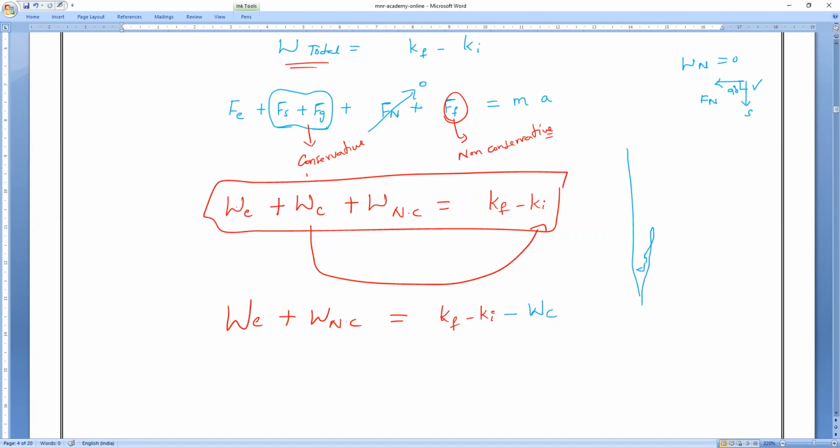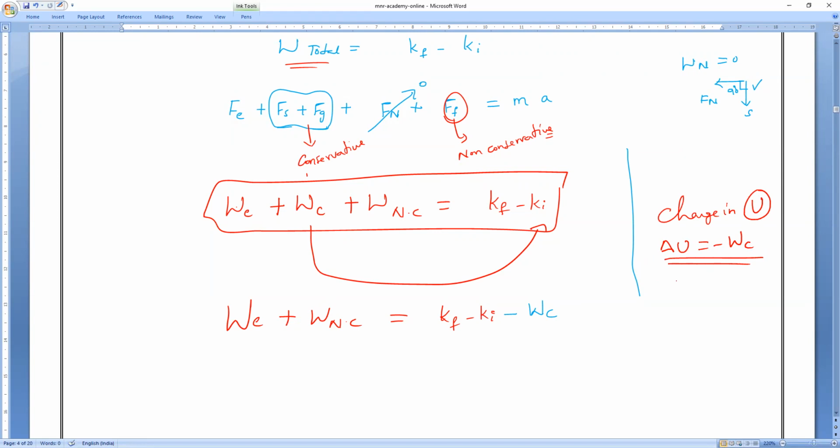Till yesterday's class, those who remember potential energy, can you tell me: minus of work done by conservative forces is equal to something. What is that? Delta U. Delta U is equal to minus work done by conservative forces.